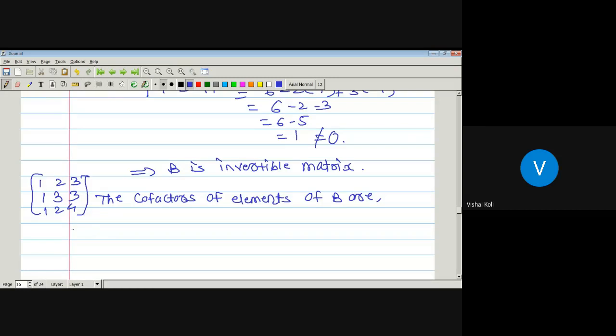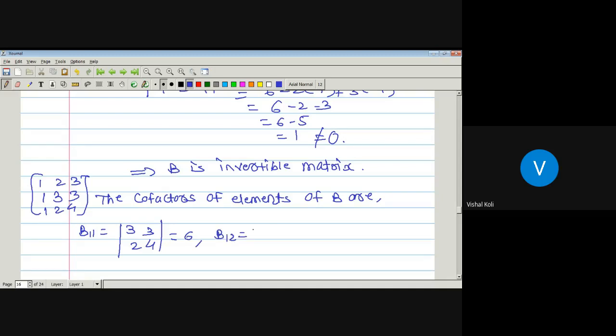So its cofactors. First, B11 will be minus 1 to the power 1 plus 1, which is square, into the minor 3, 3, 2, 4, equal to 4 into 3, 12, minus of 6, which is 6.